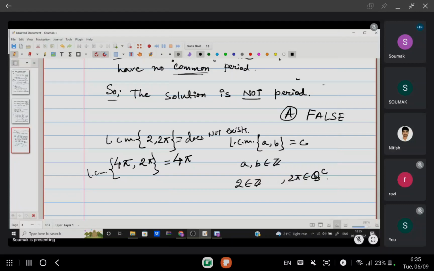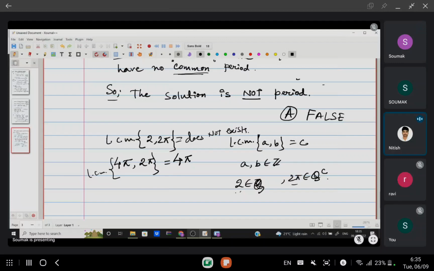Number 2 is an integer, also a rational number. So the LCM of a rational and an irrational we cannot find.